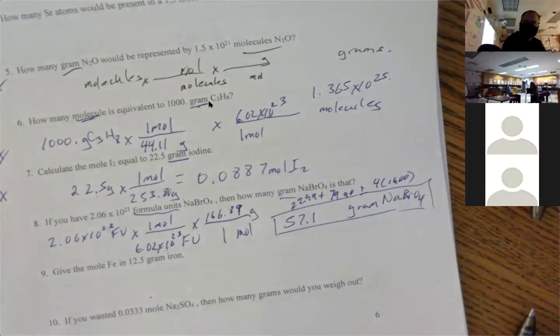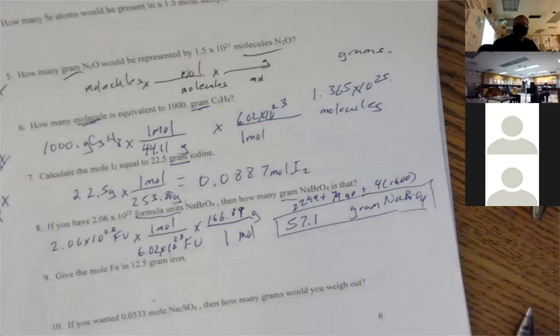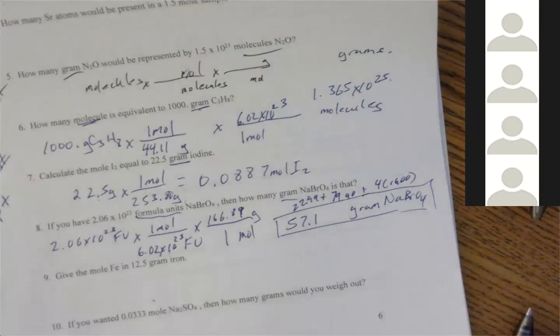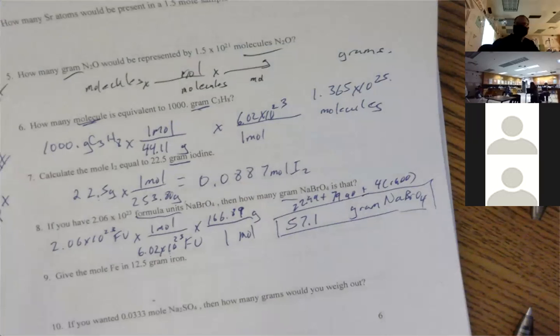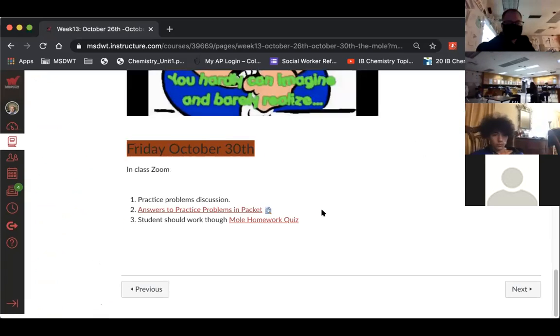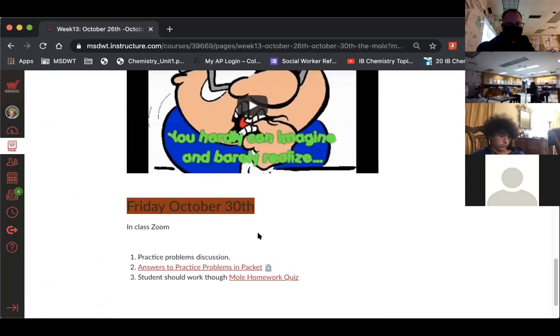Questions? All right. So if that wasn't enough practice, by all means, if you have questions, pop back on to the Zoom. Otherwise, like I said before, the answers to all of these practice problems are here.